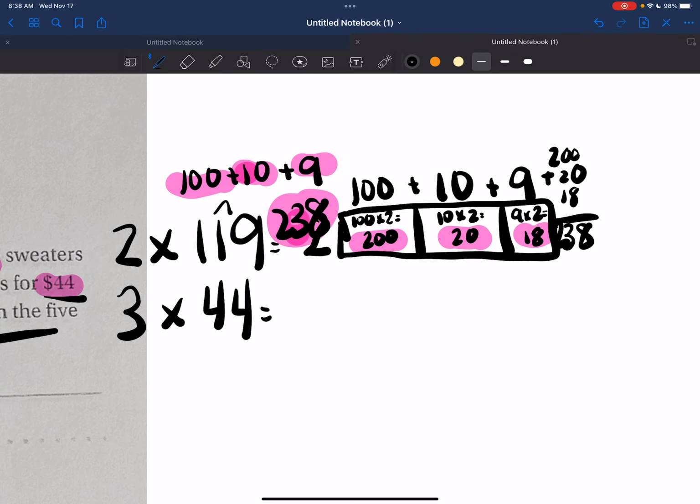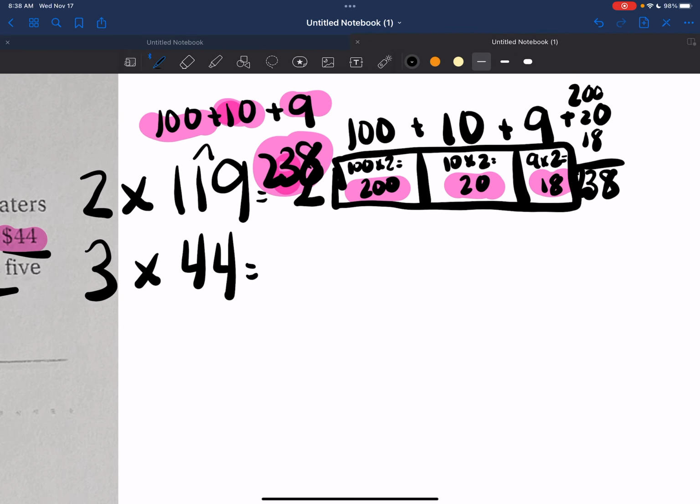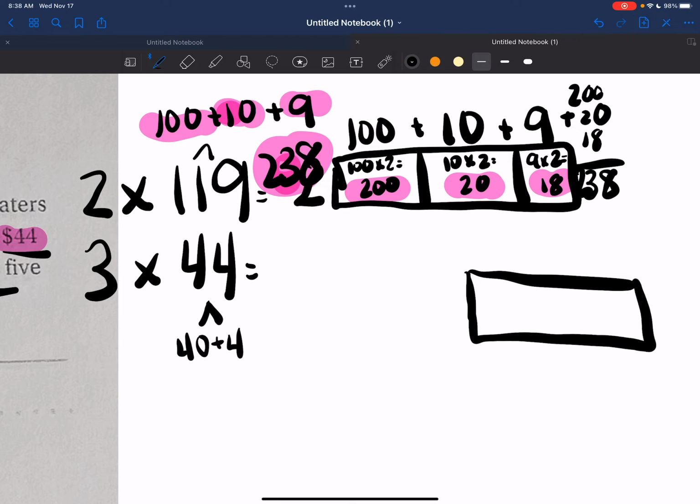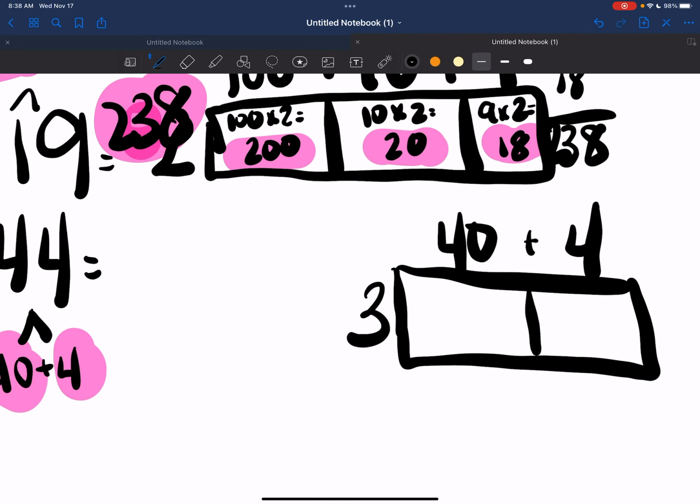Now let's figure out how much he spends on the brown. Write your bigger number in expanded form, 40 plus 4, and now do your box method. Along the top, write 44 in expanded form. I have 2 numbers, so I need 2 boxes, 40 and 4. And along the side is the 3. And now we multiply. 40 times 3, 120. 4 times 3 is 12.